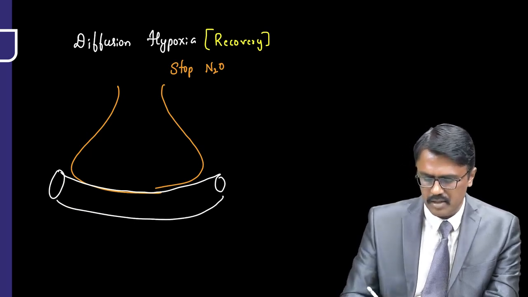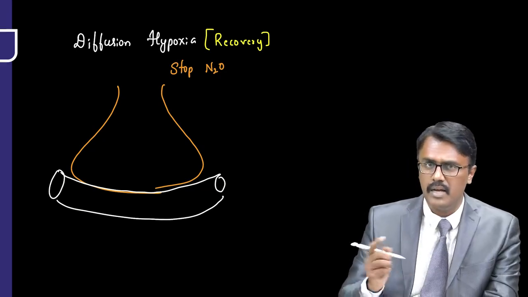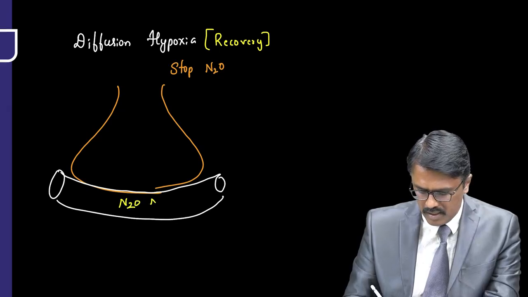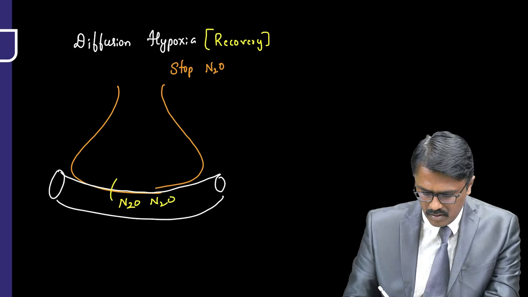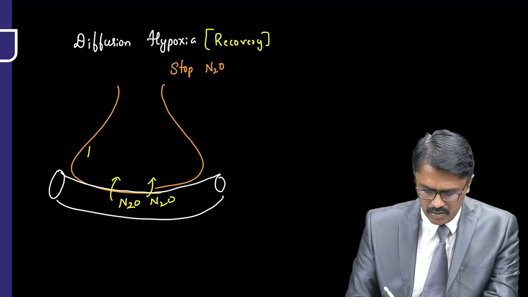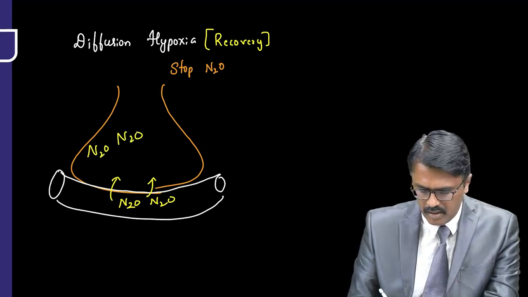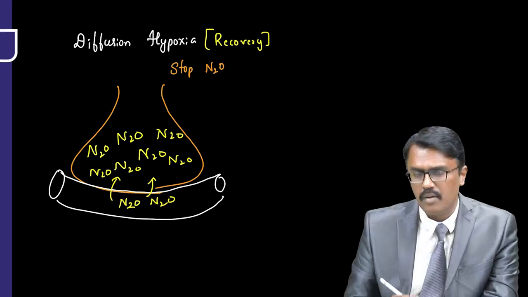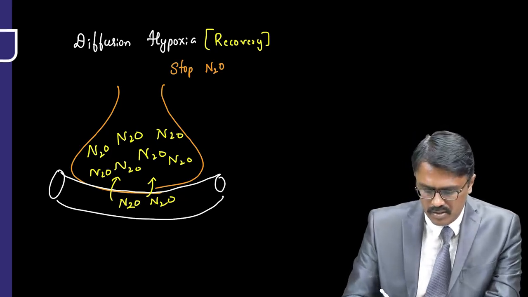Now when you stop the nitrous oxide or anesthesia, I told you they are eliminated. So nitrous oxide will come out of the blood vessel and immediately occupy the alveoli. So I told you nitrous oxide can occupy the alveoli fully. So once nitrous oxide occupies the alveoli fully, where is the room for oxygen?